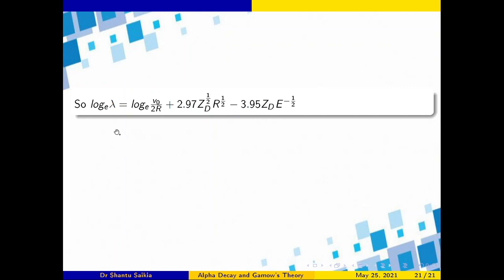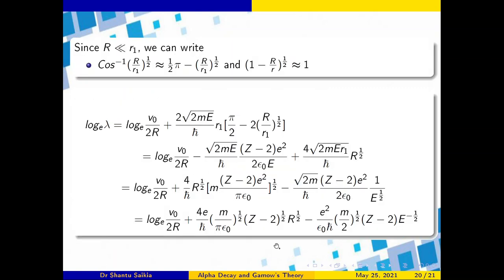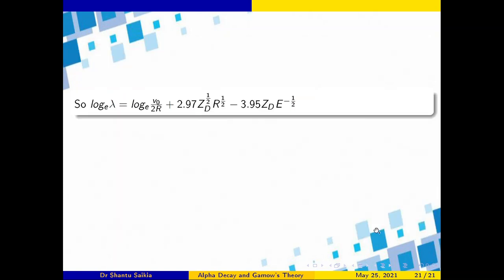So finally, if we put down the values of the different parameters, epsilon naught, pi, and m, the mass of the nucleon, and h cross, Planck's constant by twice pi, we'll end up with this expression.